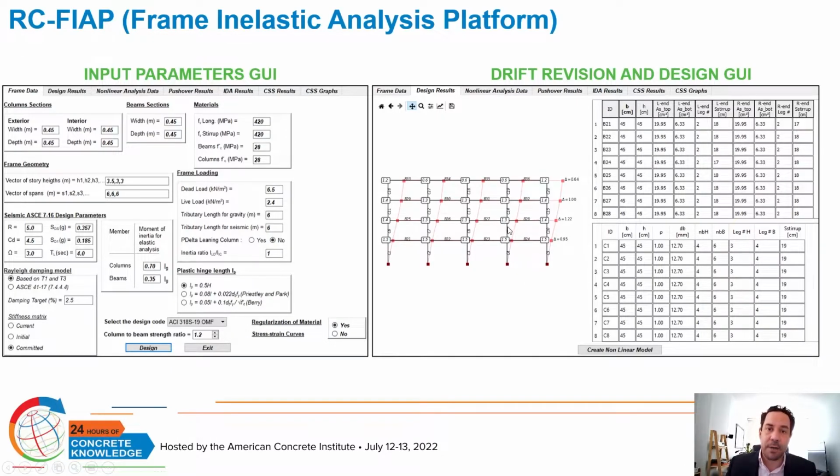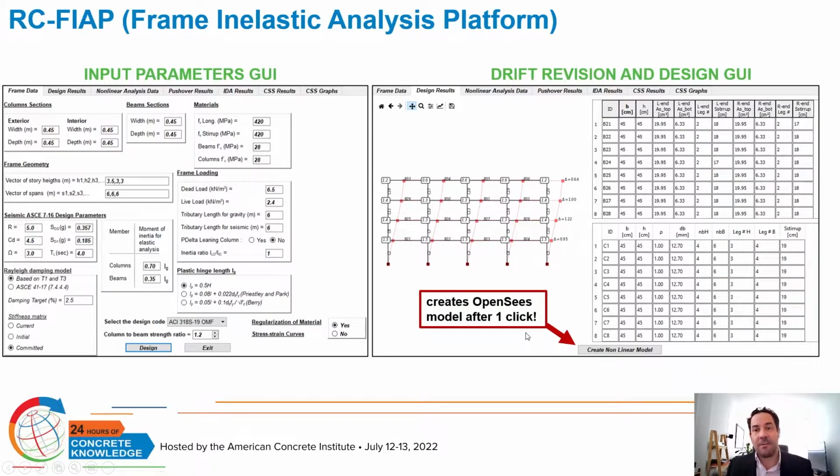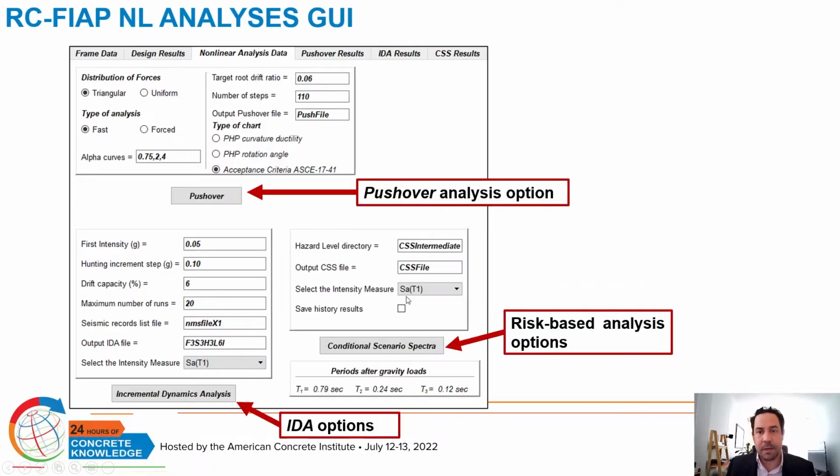Also, within each intersection of beams and columns, you have the calculation of the column to beam strength ratio, and there is a spreadsheet on the right-hand side where the user can change the spacing of the hoops or the amount of transverse and longitudinal reinforcement. With that done, and a single click, an OpenSees model is created. So the whole idea of RC-FIAP is to eliminate the necessity to program complicated models and to focus on the response.